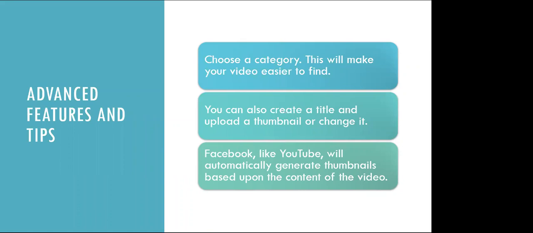Sometimes we get a picture that's not always favorable of us with our mouth wide open. Facebook gives you 10 different images that you can choose from, or you can upload your own image in order to change that thumbnail. And Facebook, like YouTube, will automatically generate that thumbnail. So if you're used to using YouTube and maybe not Facebook, it's very similar.